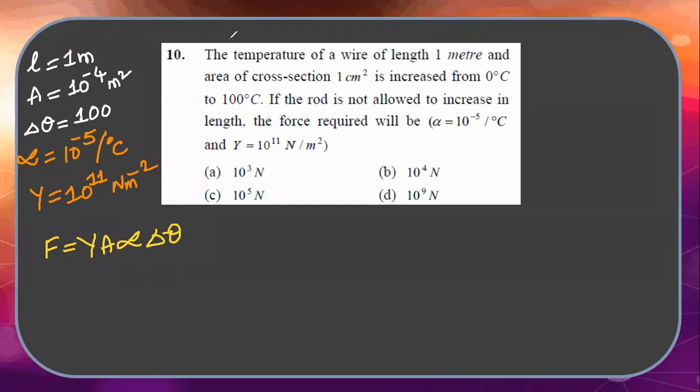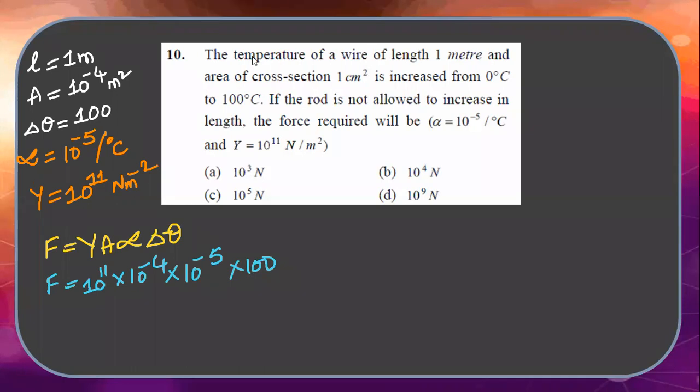This is called the thermal force. So F is equal to Young's modulus 10 power 11, area of cross section 10 power minus 4, linear expansion coefficient alpha equal to 10 power minus 5, and delta theta is 100.